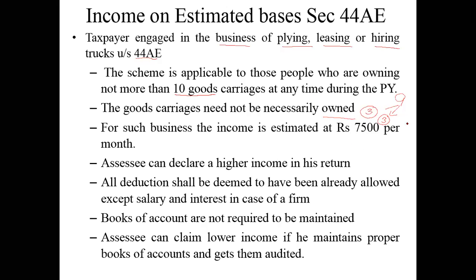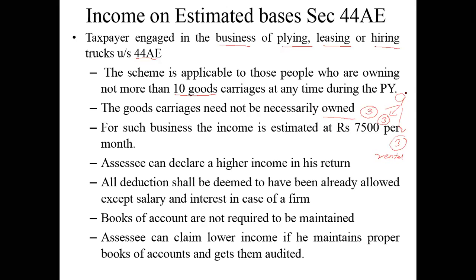And the remaining 3 trucks, I have taken on a rental basis. That means somebody else is the owner. He does not want to make use of his trucks, so I asked him that I will rent these trucks, and I'm paying him monthly rent or yearly rent, whatever.